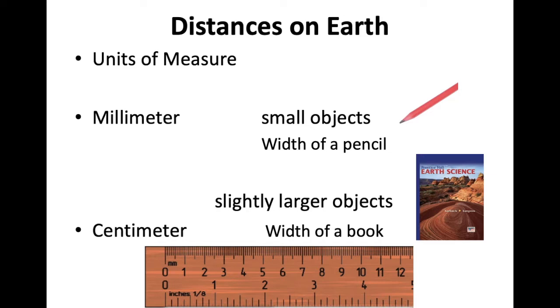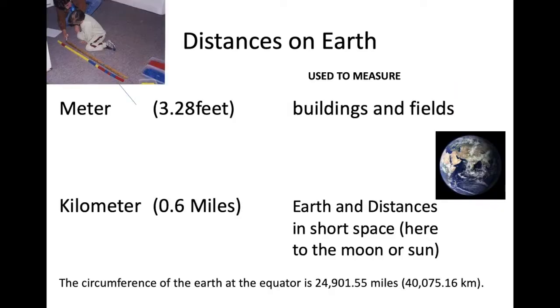So a really small object, like the width of a pencil, you'd want to measure with something really small, like a millimeter. If you have a slightly larger object, let's say the width of your textbook, you're trying to measure the binding on that, millimeters is going to be a little bit too small. You're going to bump your measurement up to something a little bit bigger, so you're going to be using something like a centimeter.